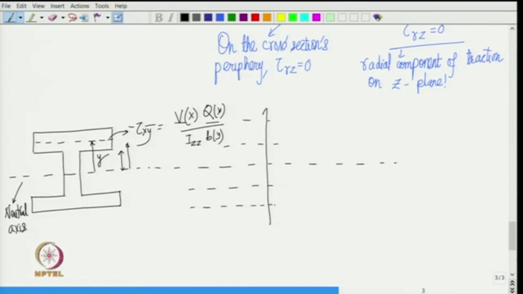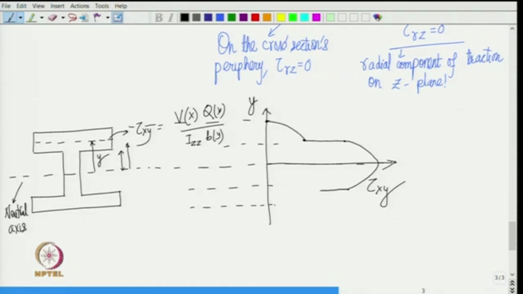So, this means when you draw your profile, supposing that this is your y and this is your tau x y, then it is again going to start from 0 and it would vary quadratically, and after this there will be a finite jump, because you see the width b decreases, therefore, the shear stress will increase and there will be a finite jump, and then again it is going to vary quadratically, and then it is going to be symmetric about this line.